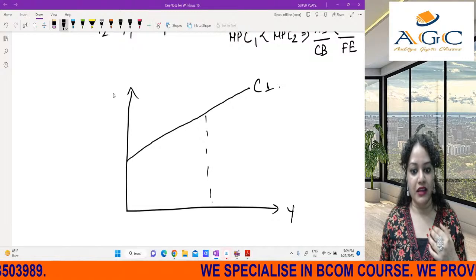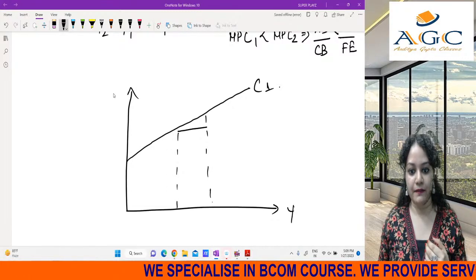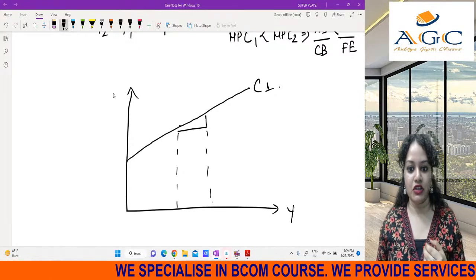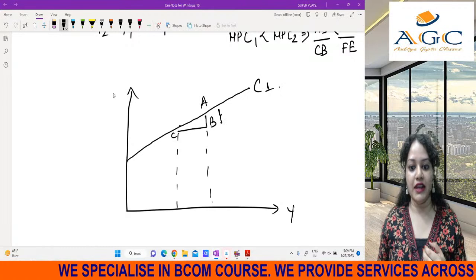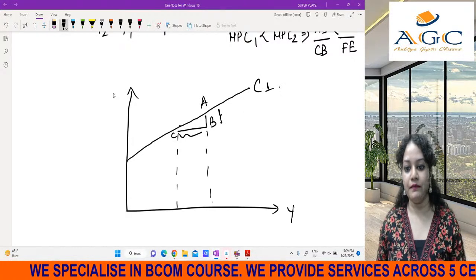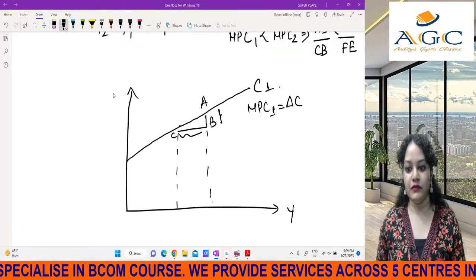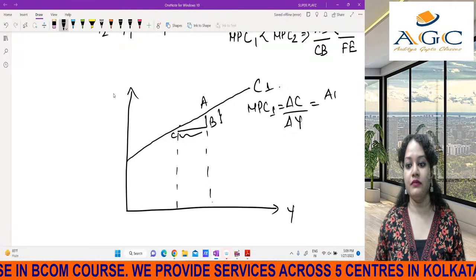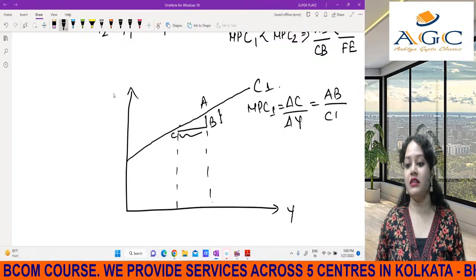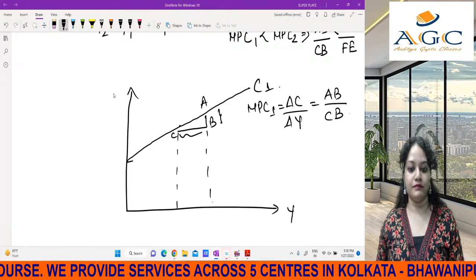You are dropping the line downward, the same thing, and you are measuring your consumption here, naming this ABC. So this is your delta C and this is your delta Y. So MPC1 is equal to delta C by delta Y, which is equal to AB by CB. Then what is happening?